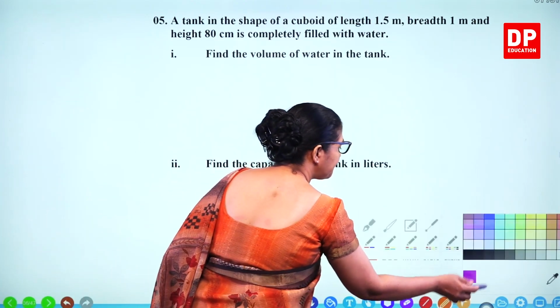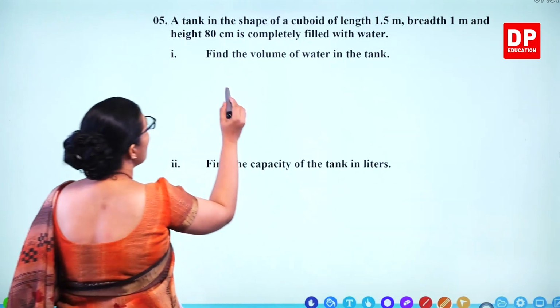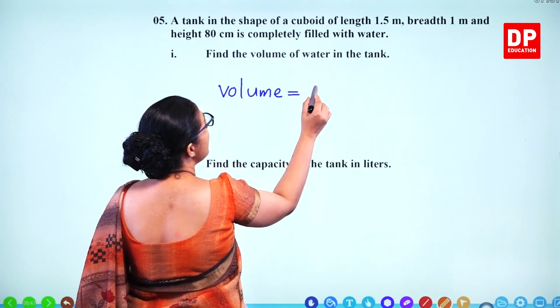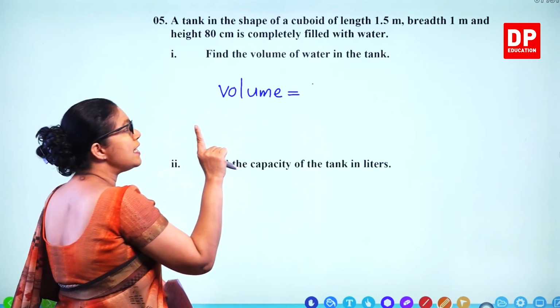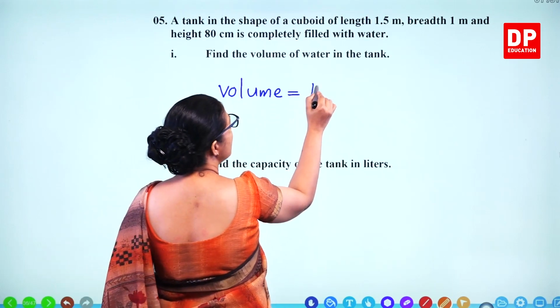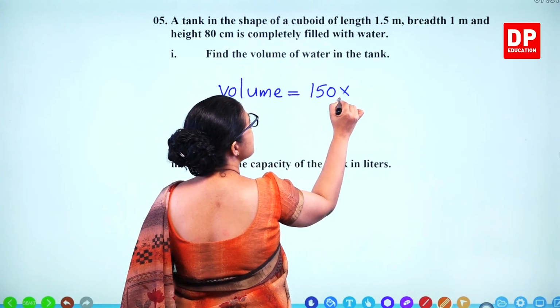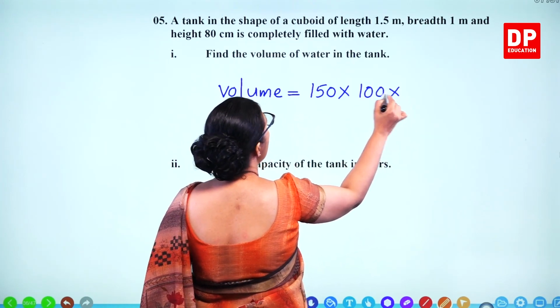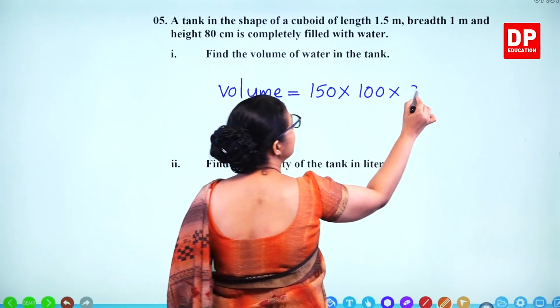So what's the volume? This is a cuboid. Length 1.5 meters. Convert to centimeters. Multiply by 100. 150 centimeters. Breadth 1 meter means 100 centimeters. And height is 80.